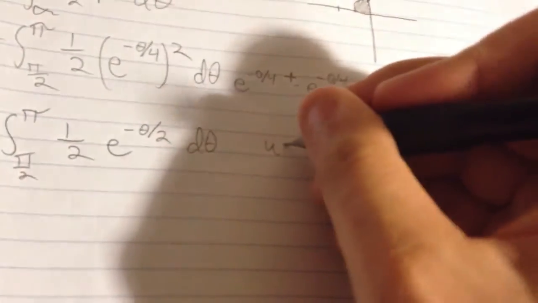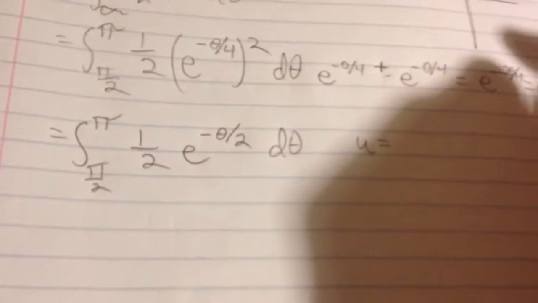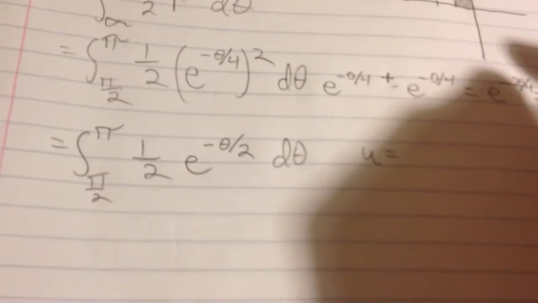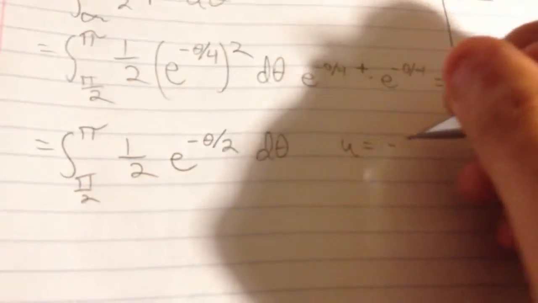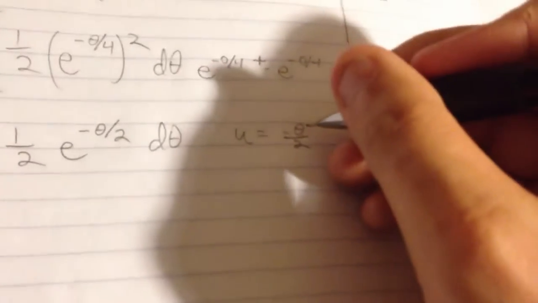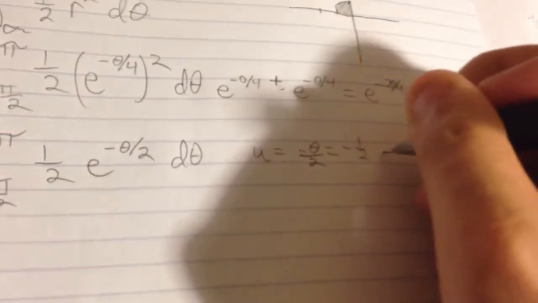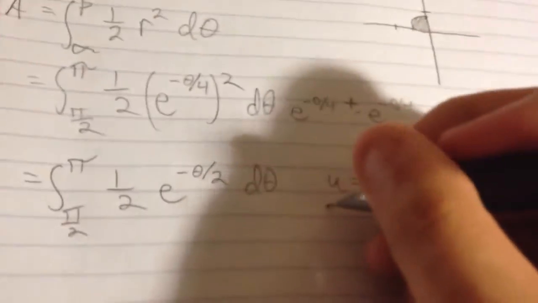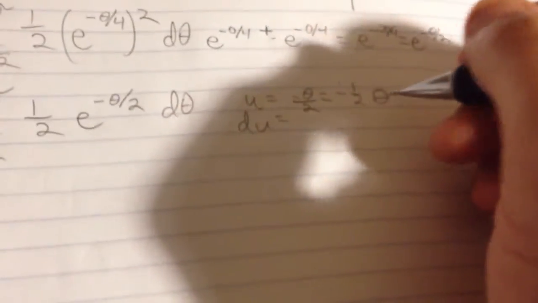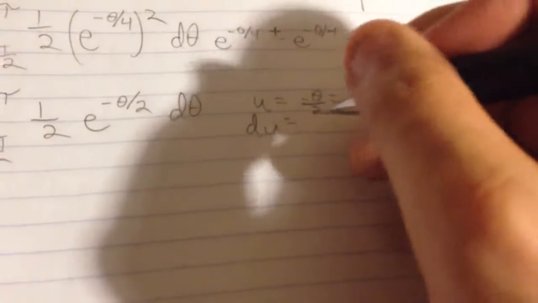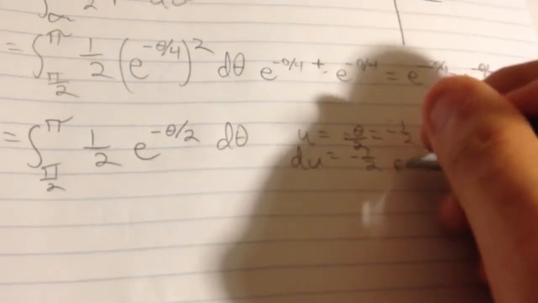So, u equals, when you have e to the whatever, your u will always be whatever the exponent is. In this case, it's negative theta over 2, or we'll rewrite that and make it a little easier to use, negative 1/2 theta. So our du, you have a constant and a variable next to it, it's always going to be just the constant. So that becomes negative 1/2 d theta.